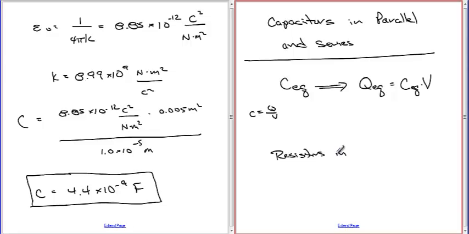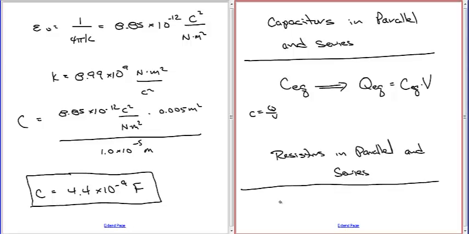So I will give you some combination of resistors, and you need to calculate the equivalent resistance of all the resistors. And then you can use that with the given voltage again to calculate the equivalent current.